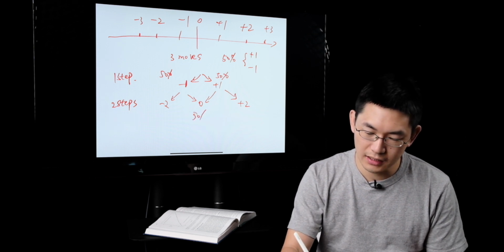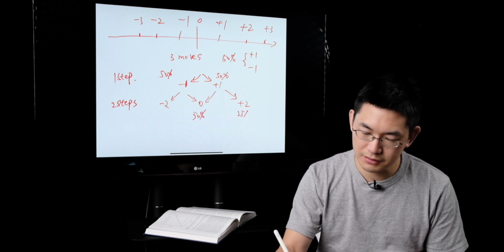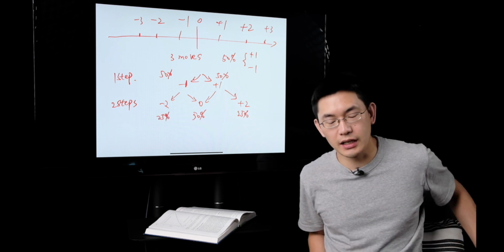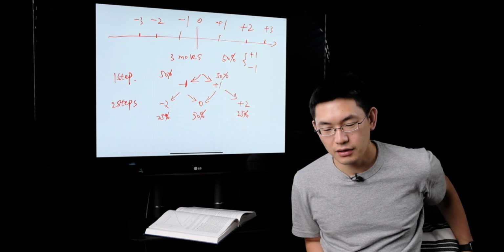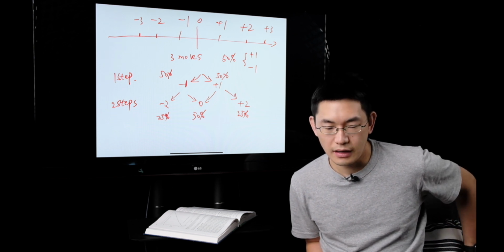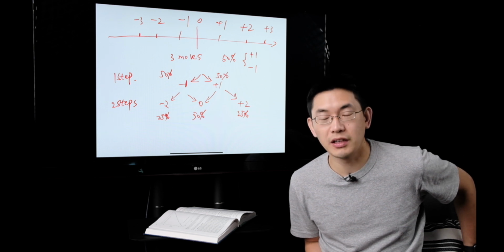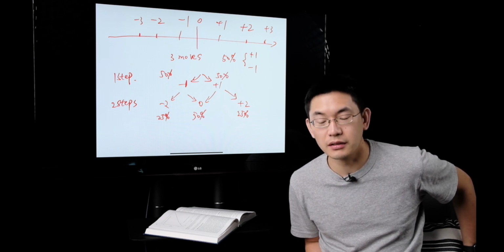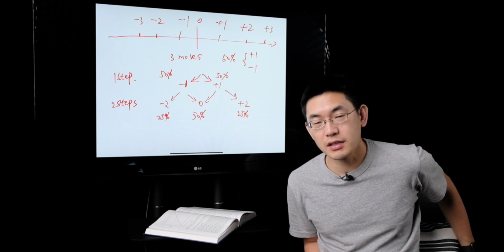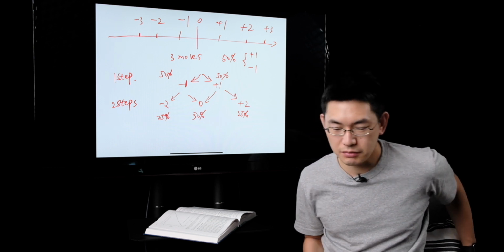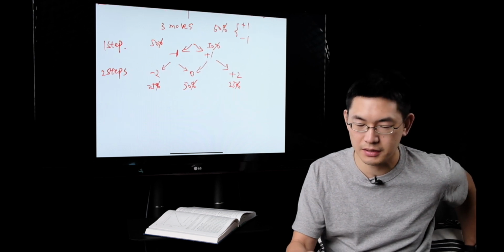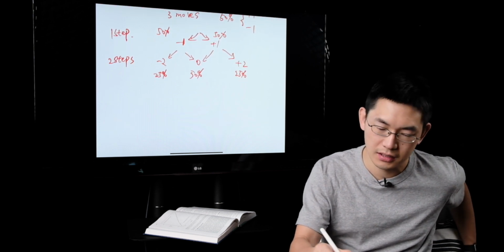So you would end up with 25% chance of finishing at -2 and 25% chance of finishing at +2, and about 50% where you're right in the middle. And why is it 50%? Because as I explained, you have 2 ways to reach it, taking a positive step first or a negative step first.